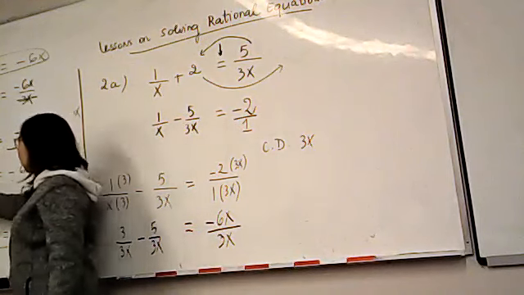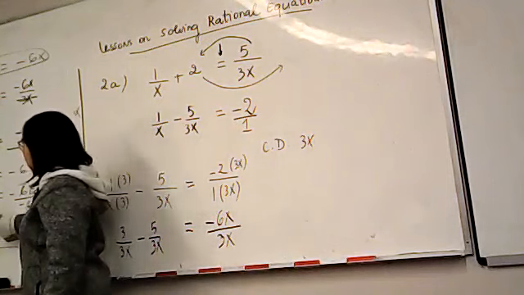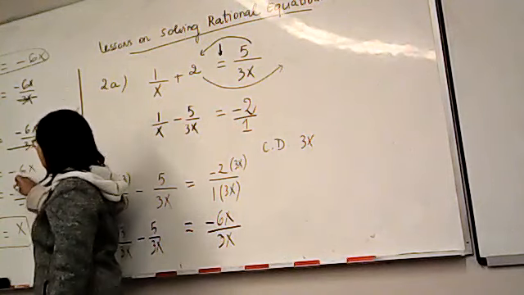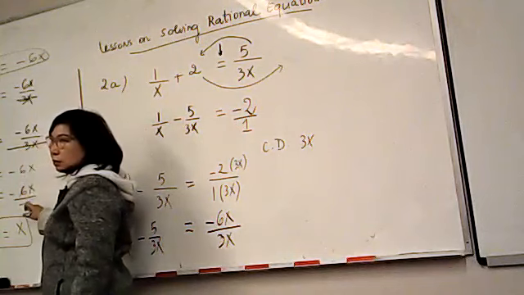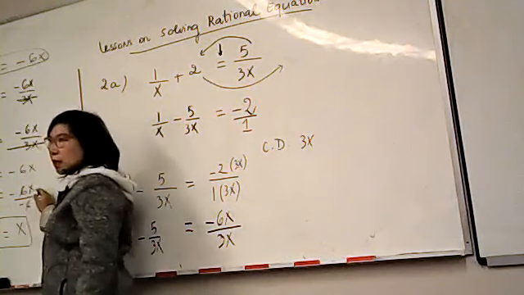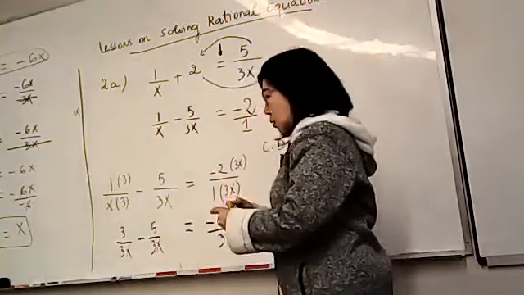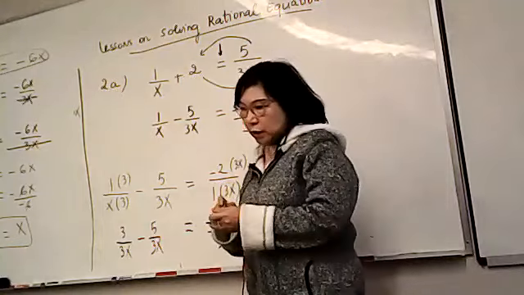So I simplify the left, simplify the right. After I simplify it, I divide both sides by minus 6, so that I can cancel this, and I am left with 1x. So the answer is x equals 1 over 3.